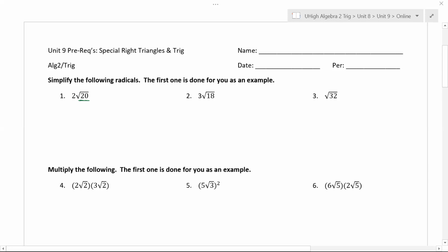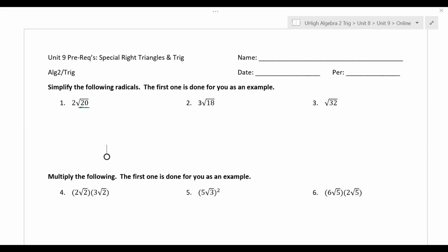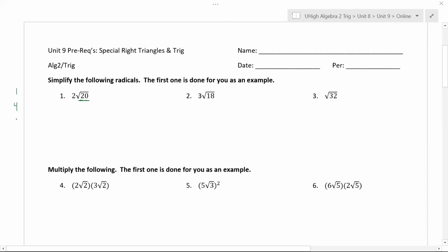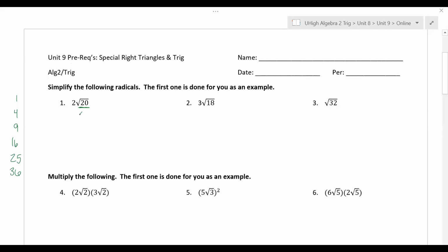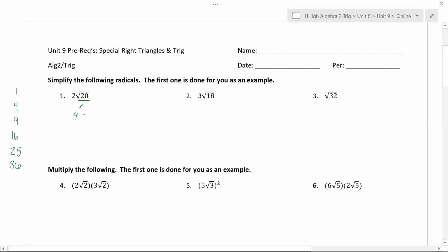So when I look at 20, I want to think about what the perfect squares are that I could have: 1, 4, 9, 16, 25, 36, and so on. Which one of these perfect squares fits inside of 20? Well, 4 does. 4 times 5 is 20.